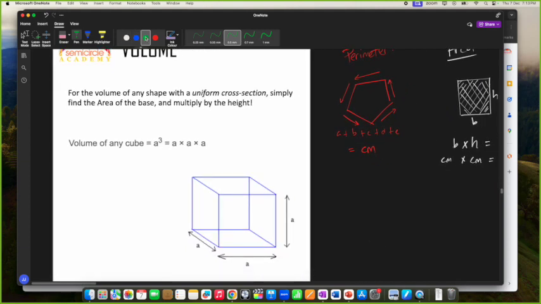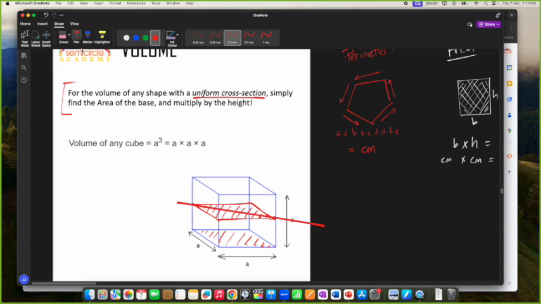So we are met with the volume of our first shape. And please write this down over here: the volume of any shape with a uniform cross section. Uniform cross section means if I was to take a samurai sword and cut this whole thing in half, what will I get? I will get this here, and this shape, which is the cross section, is the same as the base.